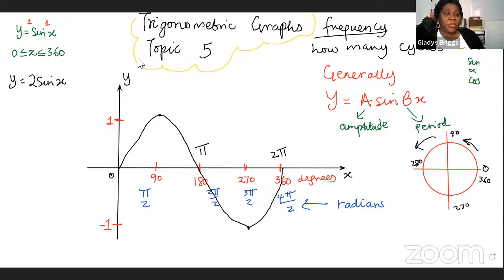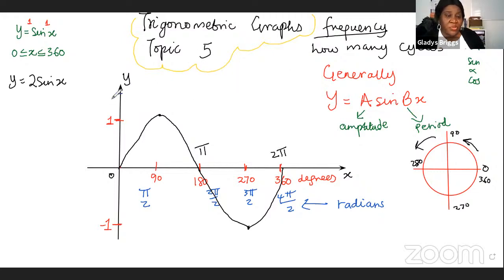So now to draw y is equal to 2 sine x, you would have up here 2. Okay, let me use a different color, not black.